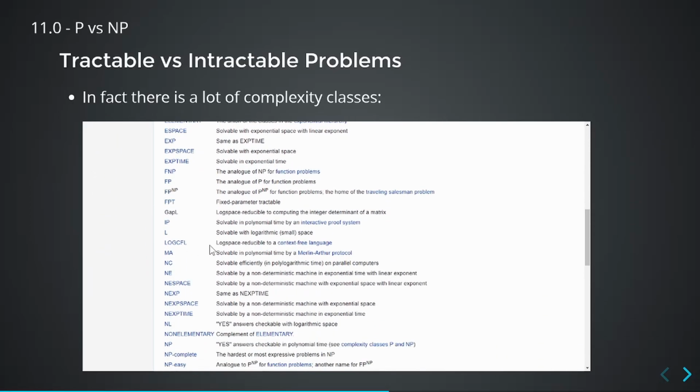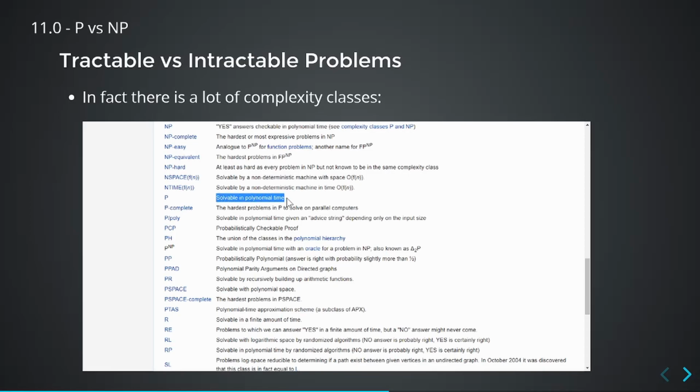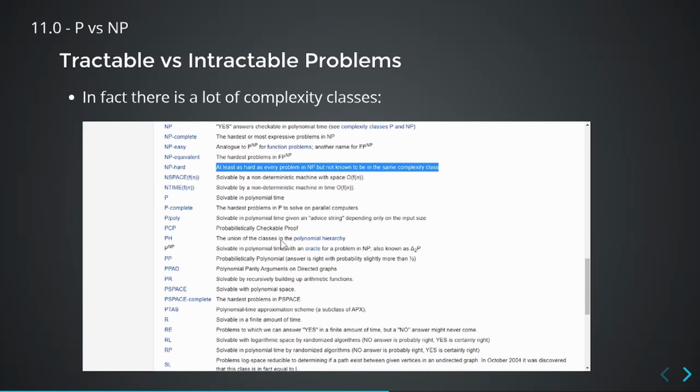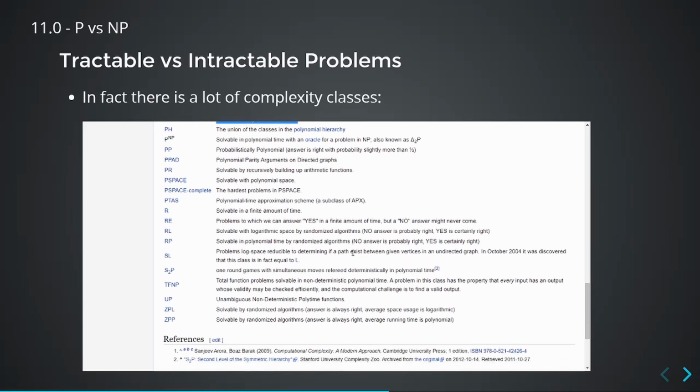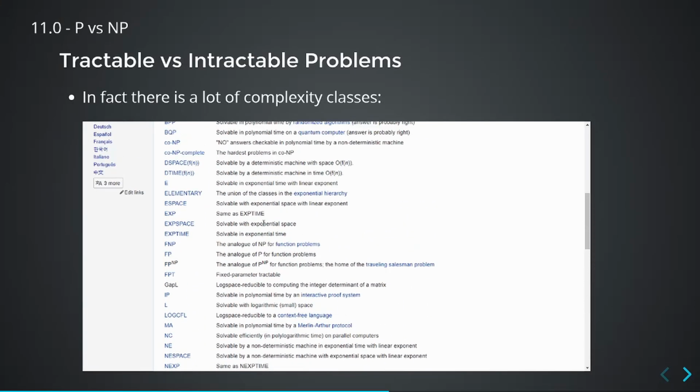Okay. The ones that you've seen are, well, P, polynomial time, NP, and we're going to talk about NP-complete and NP-hard. But then there's NP-easy, NP-equivalent, there's PCP, probabilistically checkable proof, PSPACE-complete. I'm not sure what else I have heard before. Anyway, as you can see, there are lots and lots of complexity classes.